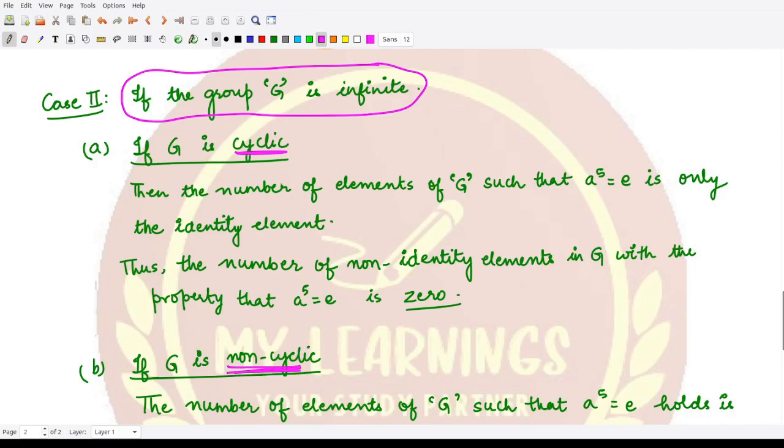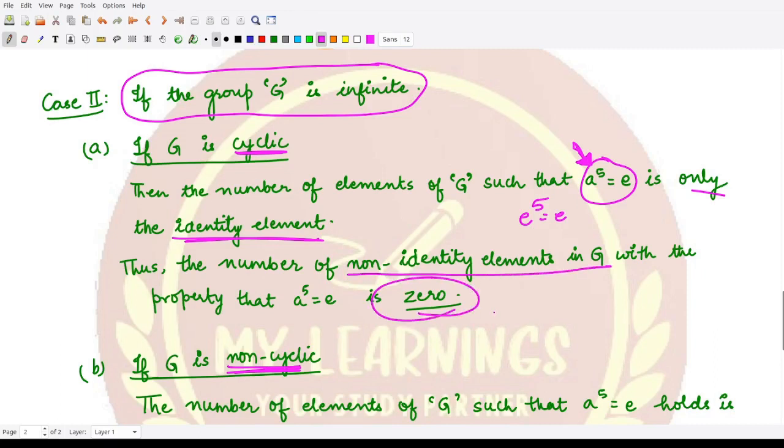If it is cyclic, then the number of elements of G such that this condition is satisfied is only satisfied by the identity element, because when you take any other power of the generator, you would be generating the whole of the elements of this group G. Right, so therefore in this case we have only the identity element which satisfies this condition. Hence no non-identity element exists in this case, and hence we have 0 such members.